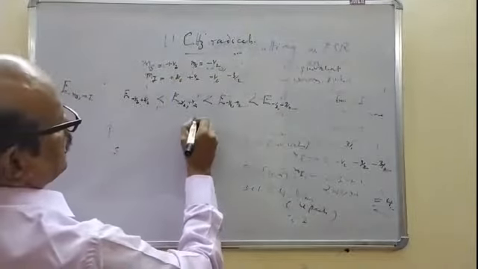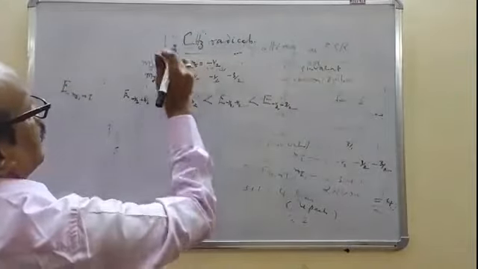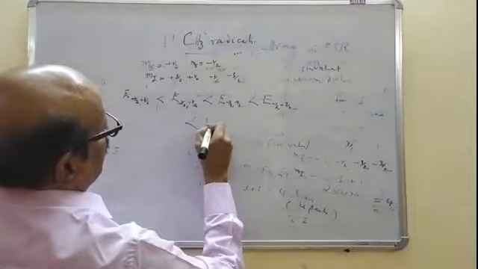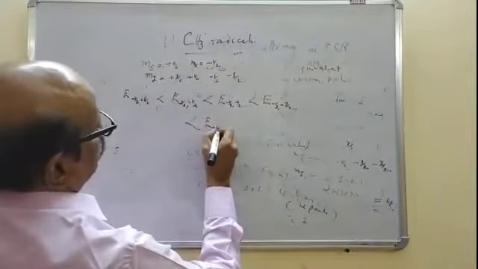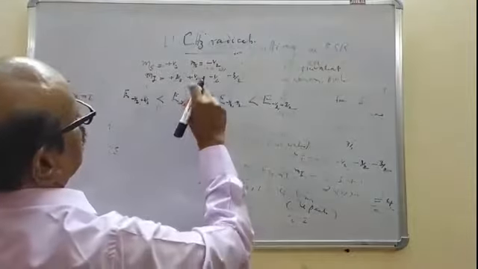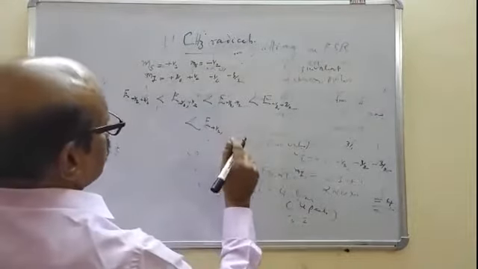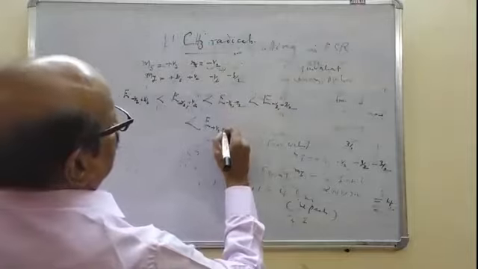Then lesser than MS plus half, comma, plus half, comma, minus 3 by 2.